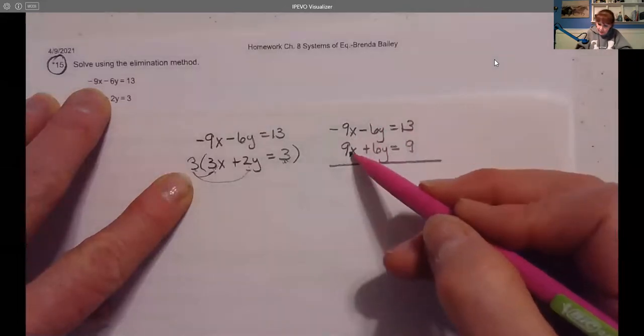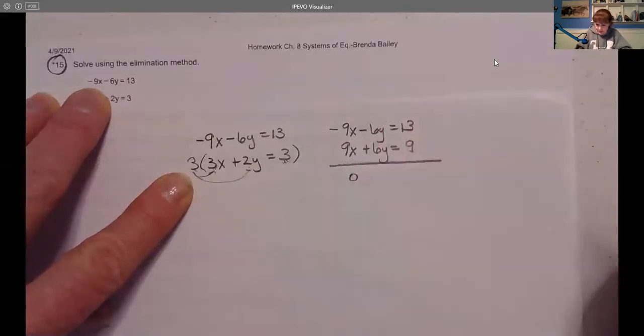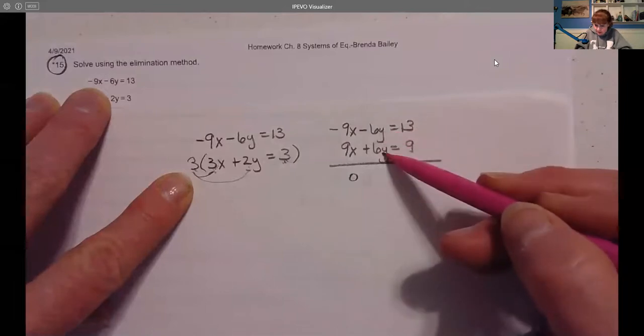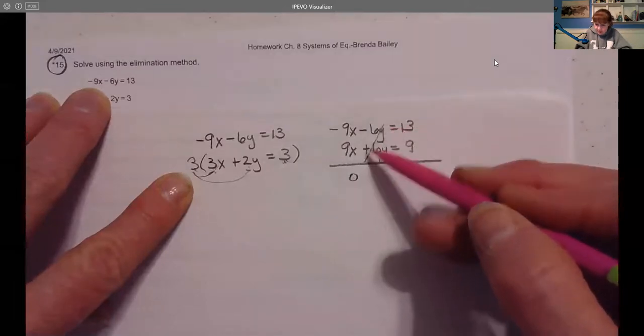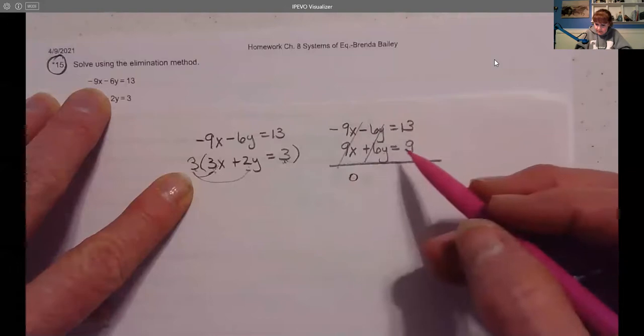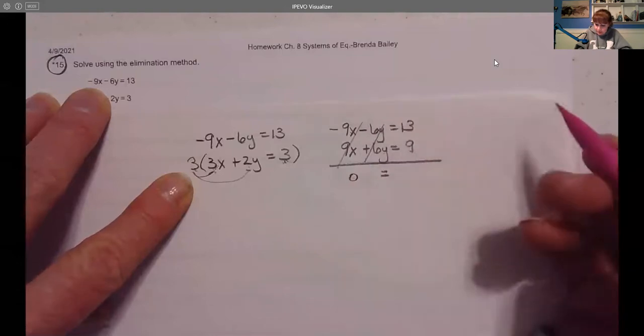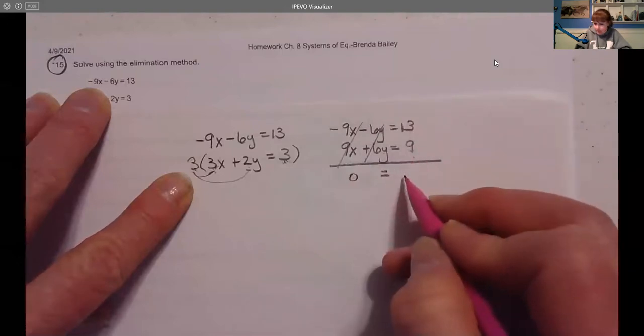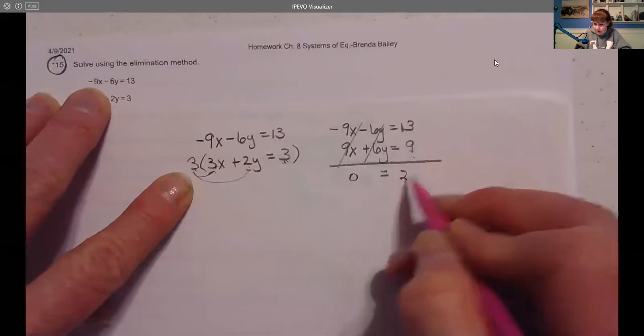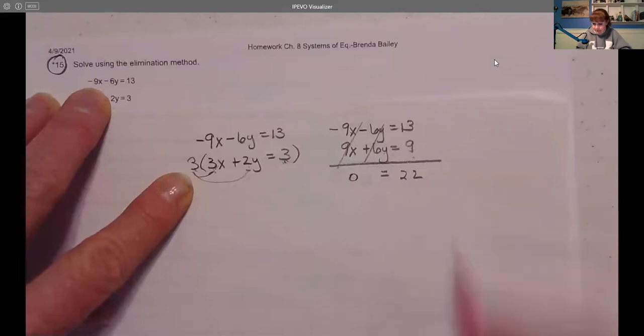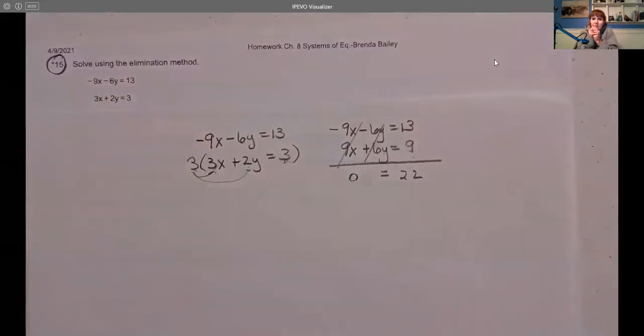These drop out, and there's nothing left. So those are 0, those are 0, equals, there's no variables. And over here, we come up with 22.